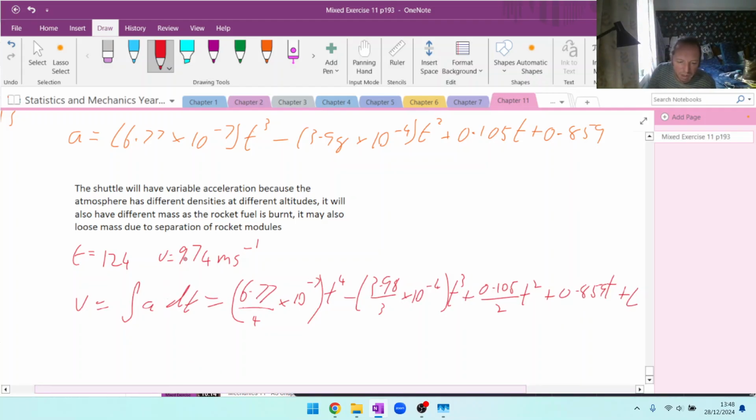Okay, and we now know that the velocity is 974 when t is 124.